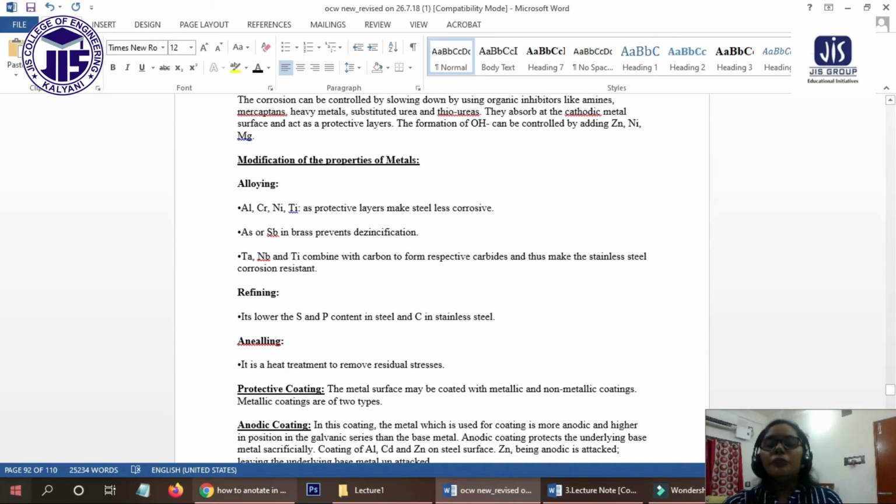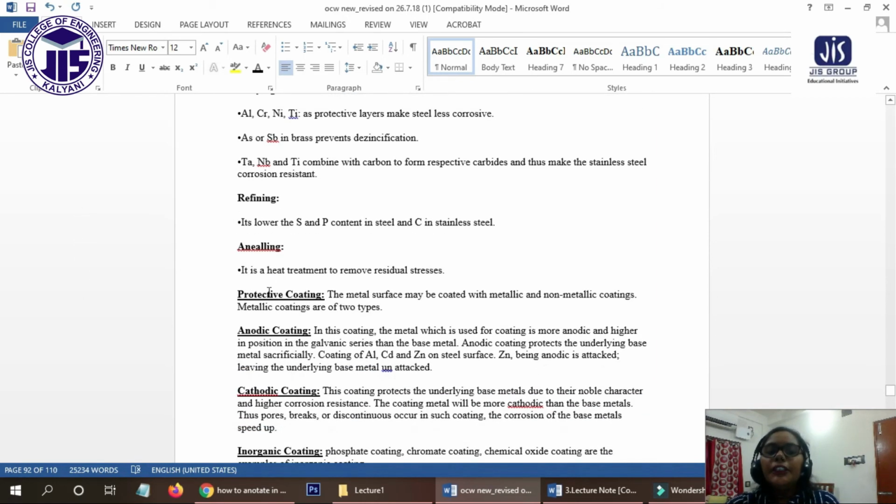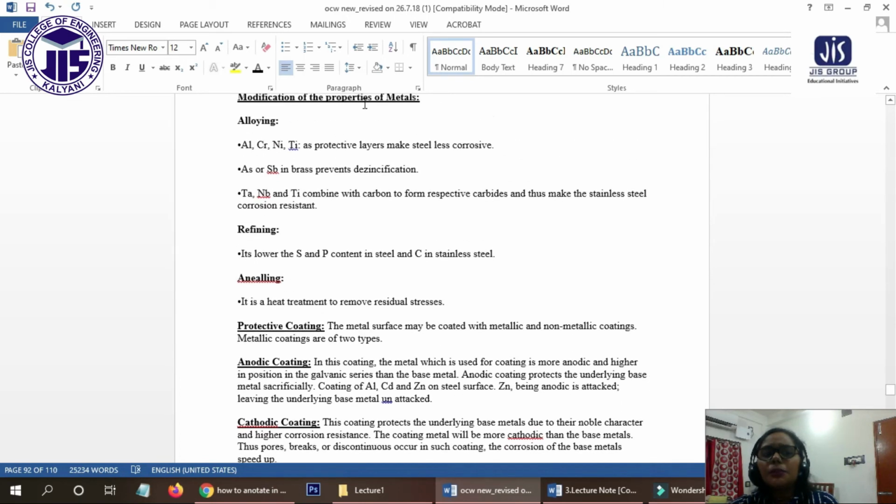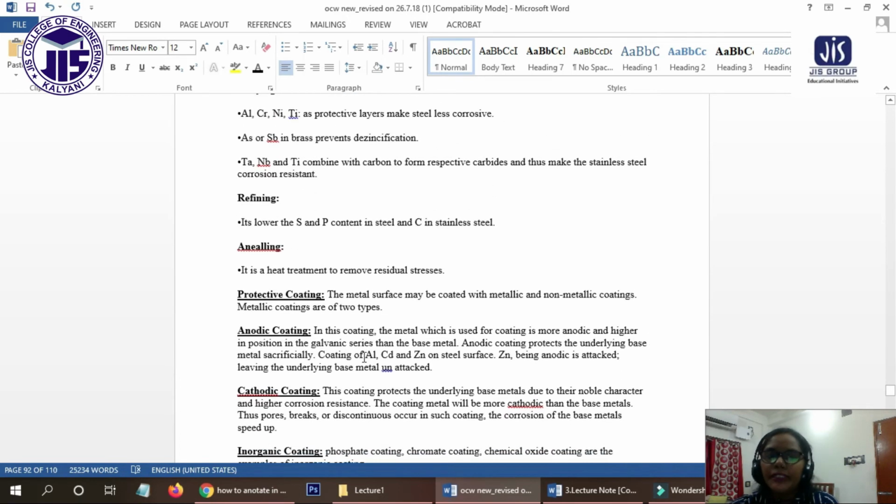The corrosion will be less. So that is called refining. Annealing, if we use some heat treatment, if we heat the metal, it can reduce the rate of corrosion. Okay, so that is called annealing. So these are some of the changes of properties that we can make.